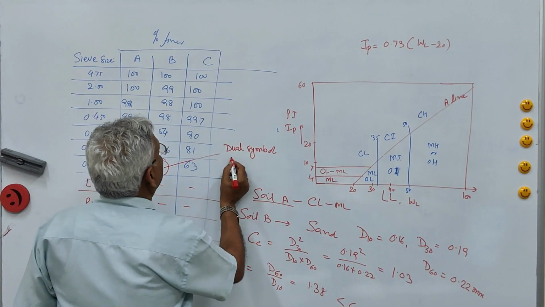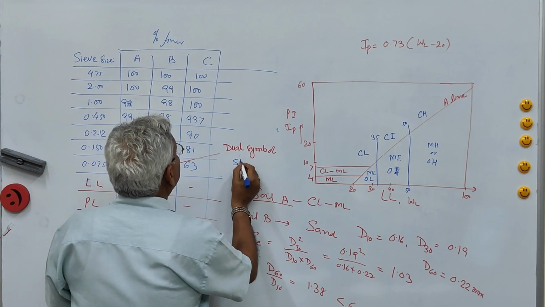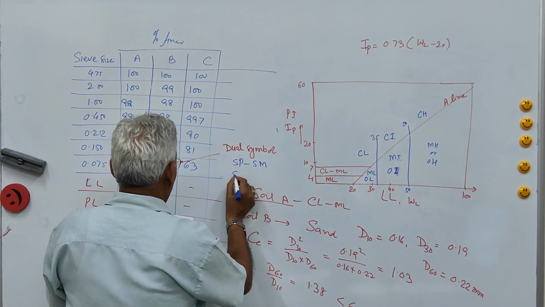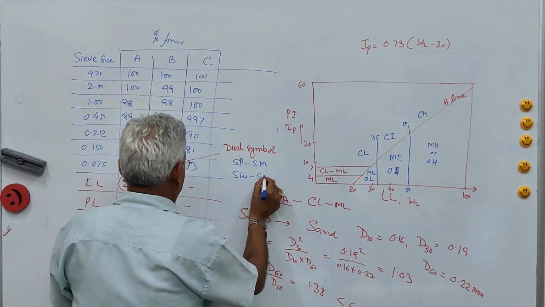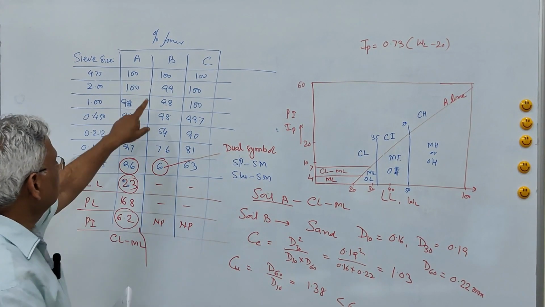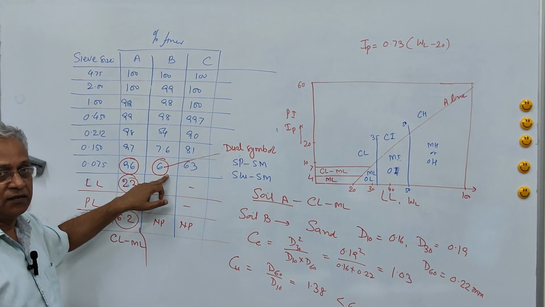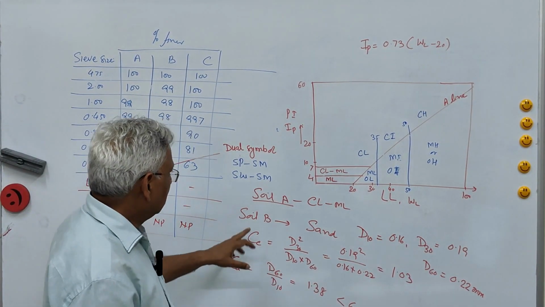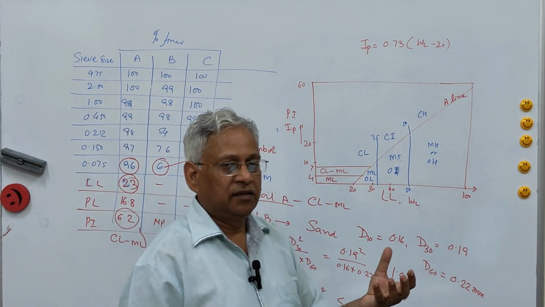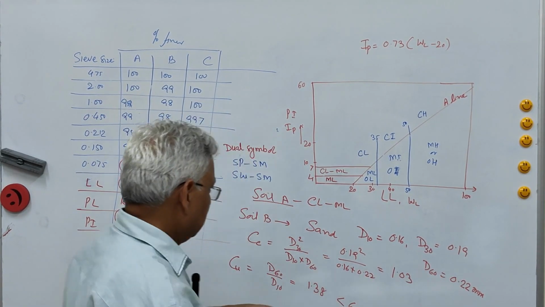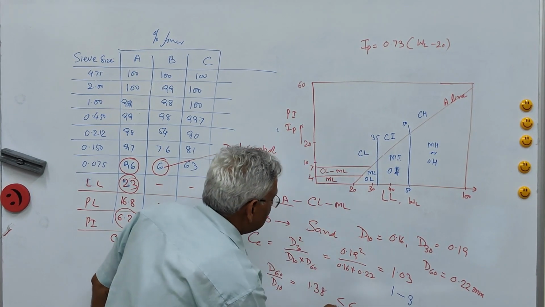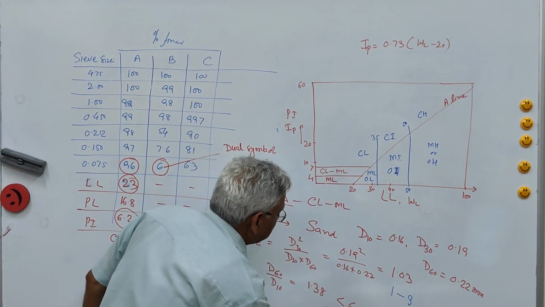So it can be either SP-SM or SW-SM, because these fines lie between 5 and 12%. Now, for a material to be well graded, Cc must be between 1 and 3, and Cu must be more than 6.